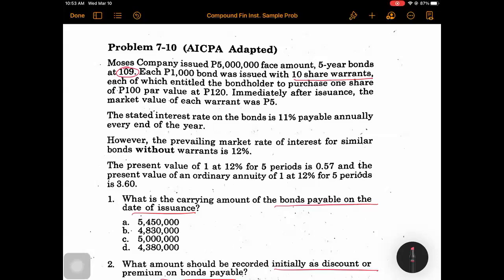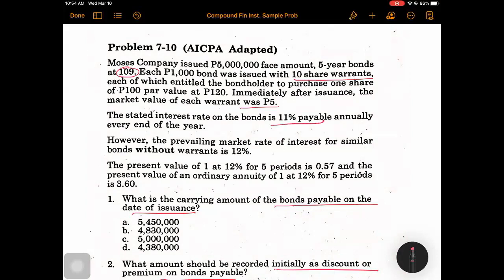Each 1,000 pesos bond was issued with 10 share warrants, each of which entitled the bondholder to purchase one share of 100 par value at 120. Immediately after issuance, the market value of each warrant was 5 pesos. The stated interest rate on the bonds is 11%, payable annually every end of the year.